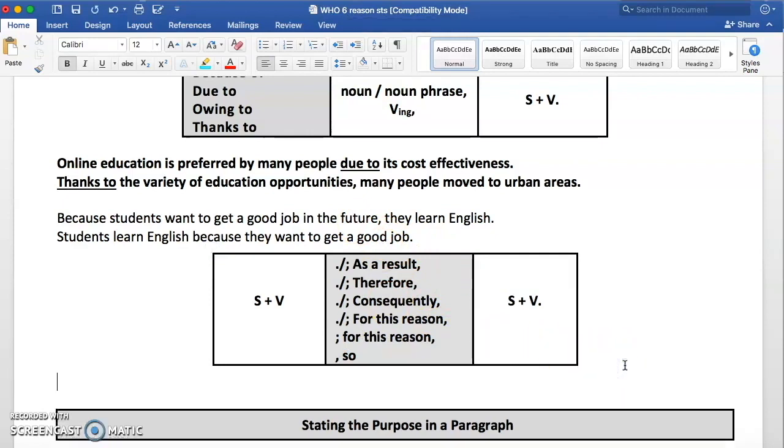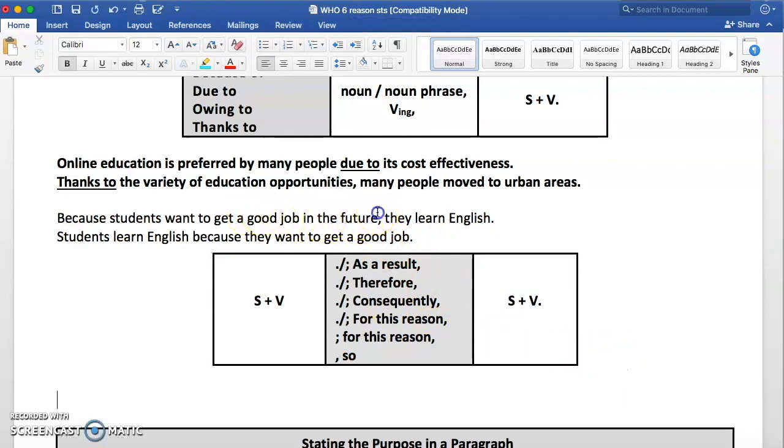I will have a reason. Look, students want to get a good job in the future, full stop, therefore, comma, they learn English.